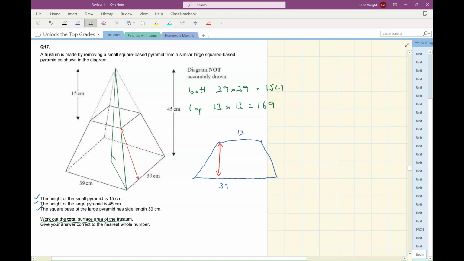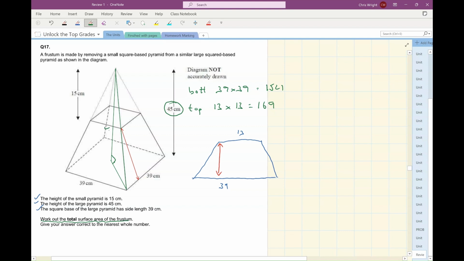Now, that's a right angle in the corner there because it is the angle between a vertical line and a horizontal line. What about the lengths? What lengths do we know here? Well, you know the height of the whole of the square-based pyramid is 45.